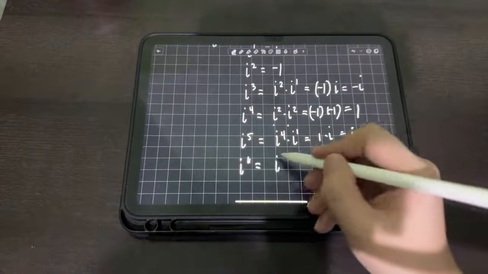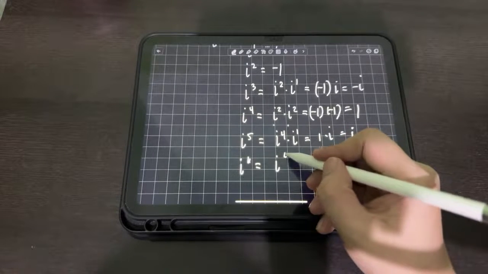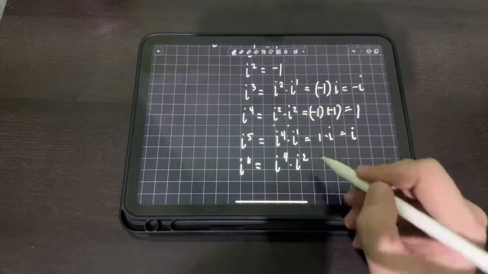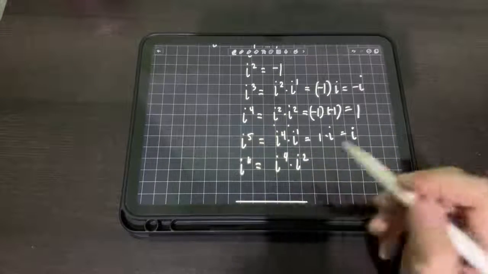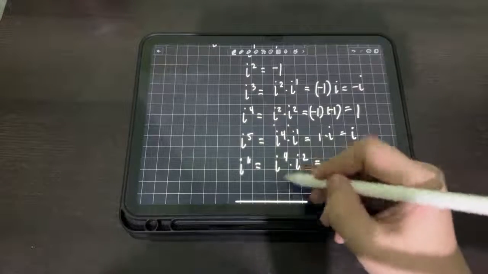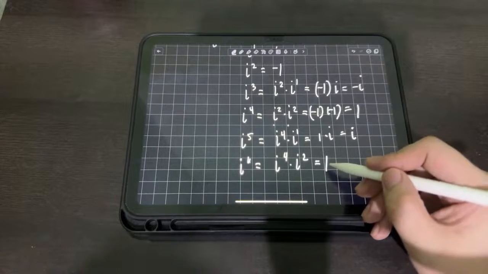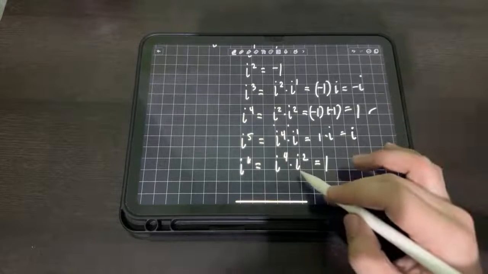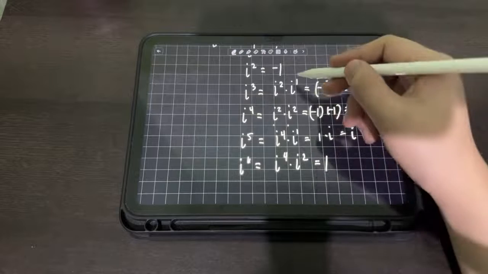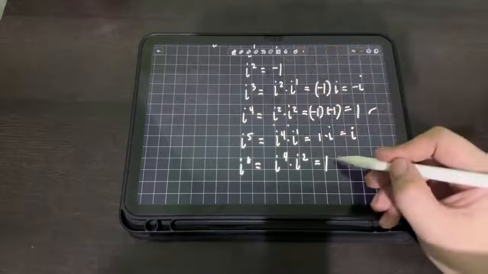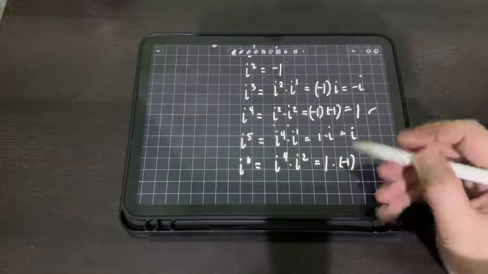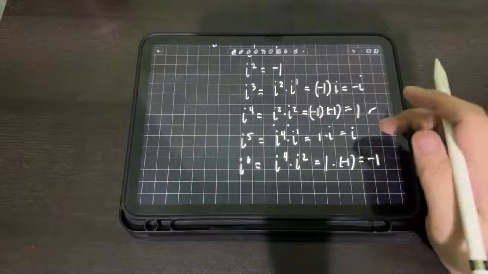We can split the power into i to the fourth times i squared because 4 plus 2 is 6. But we already know that i to the fourth is 1, right? And also, we already know that i squared is negative 1. So we will have 1 times negative 1, or negative 1.